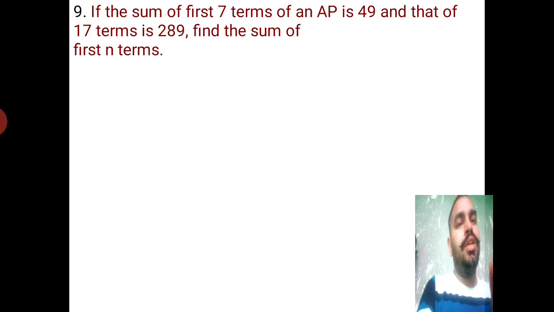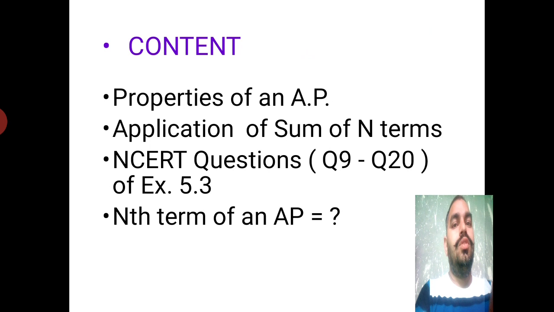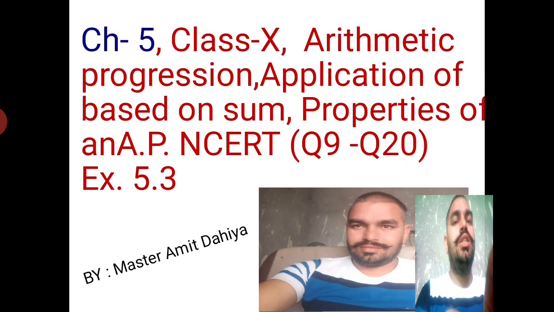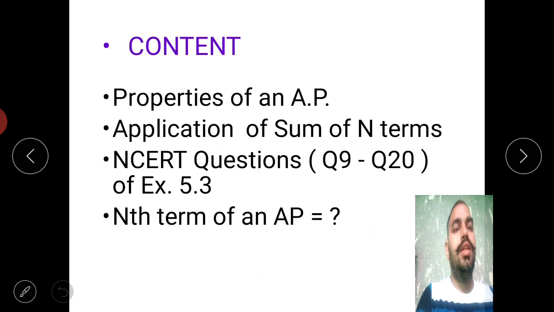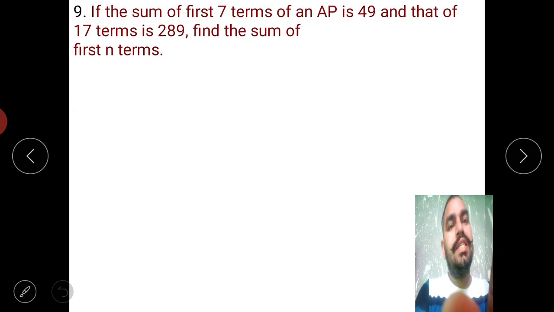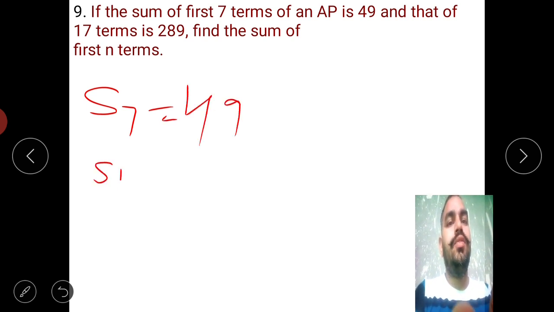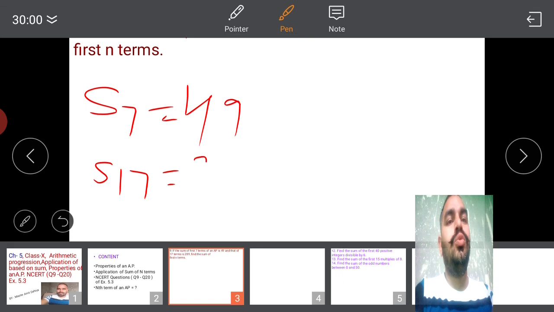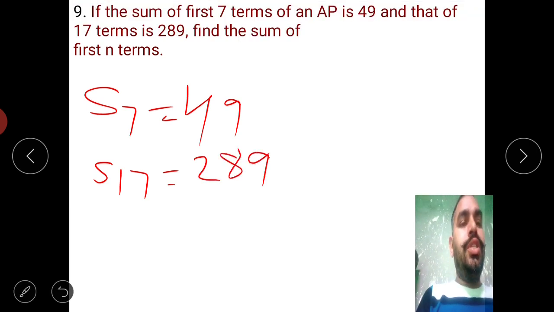First you have to find out what is given here. Given is S7 is equal to 49 and S17 is equal to 289. Are you able to do this?